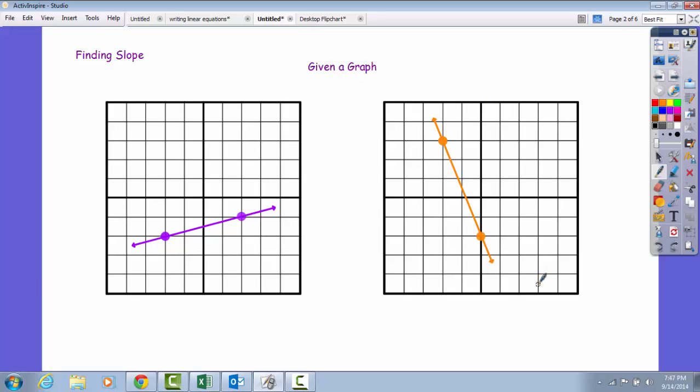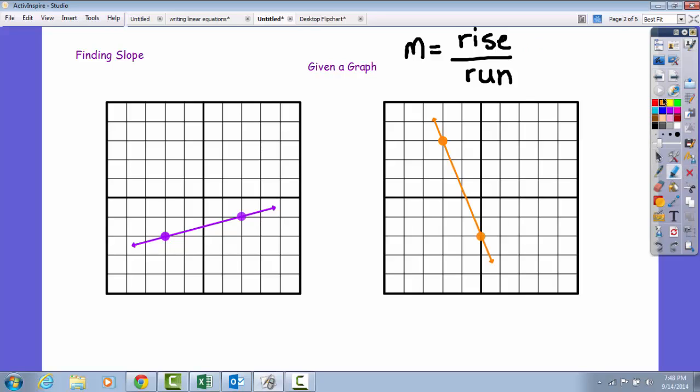If we are going to find slope given a graph, we are looking for our slope as a rise over run. And in the formula that we just used, rise was given as y sub 2 minus y sub 1. So for the y's, looking at the change in the y's will help us find our rise.